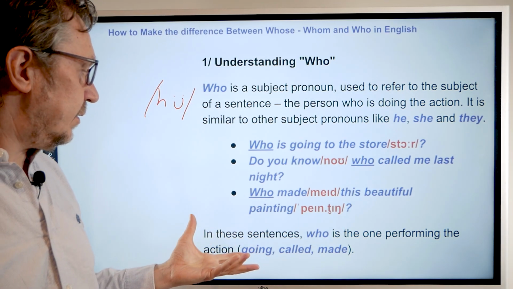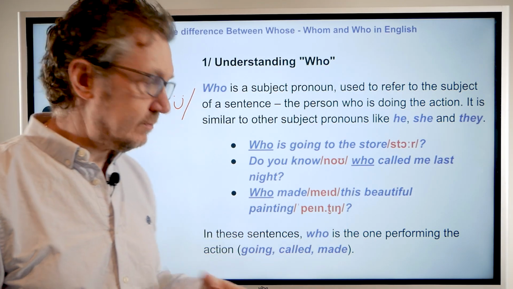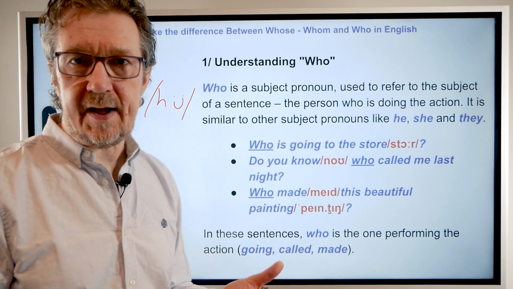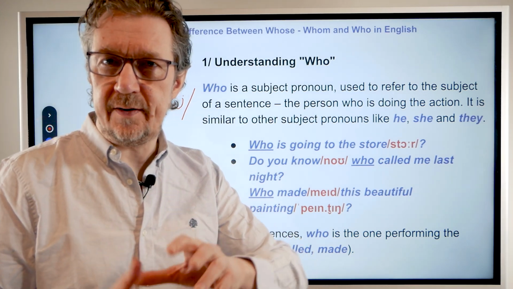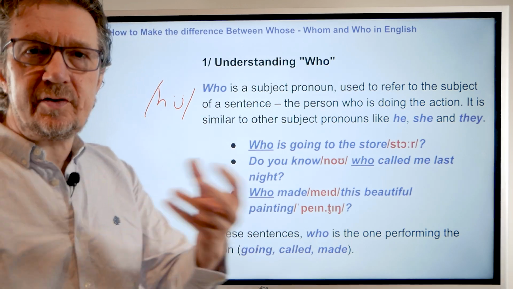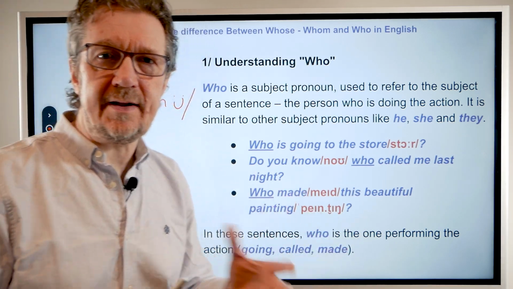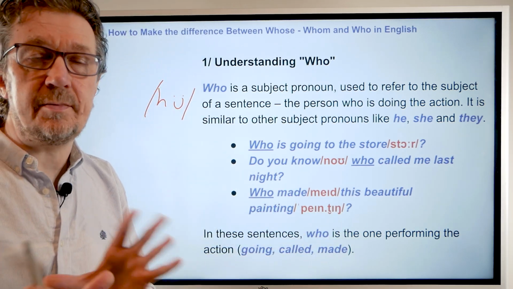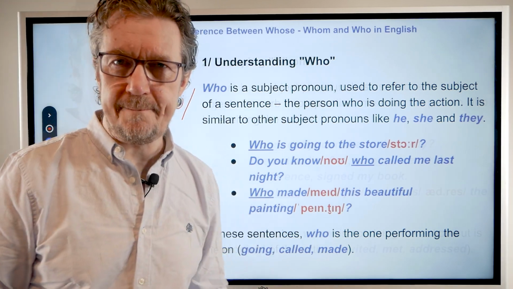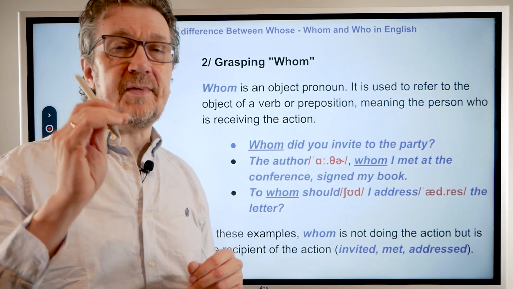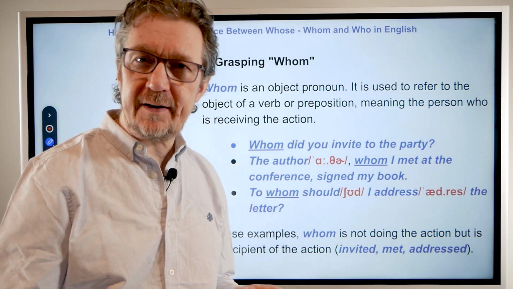So, the one performing the action: going, called, made. Okay, so remember these are the verbs that you need to link to that word. So who went, who called, who did, who made, whatever. There are many other things that you can put with that, but let's stick with those because you can see the pattern there.